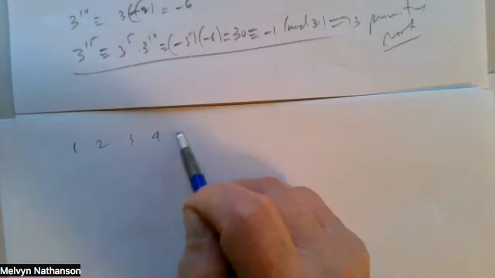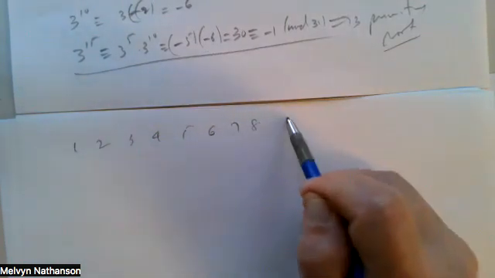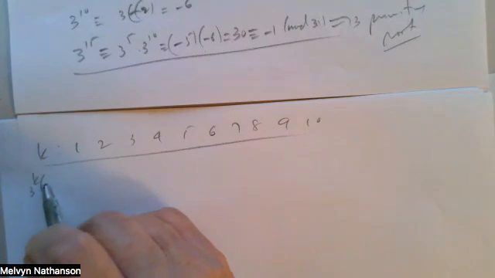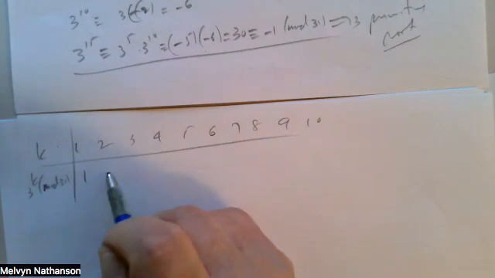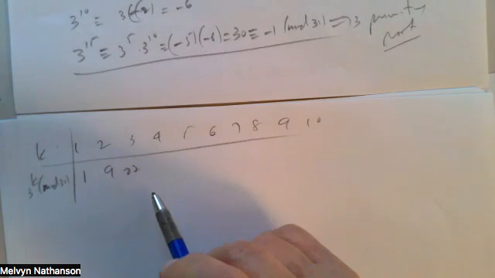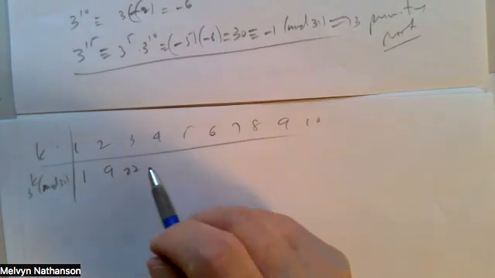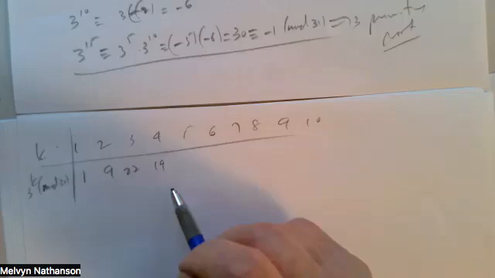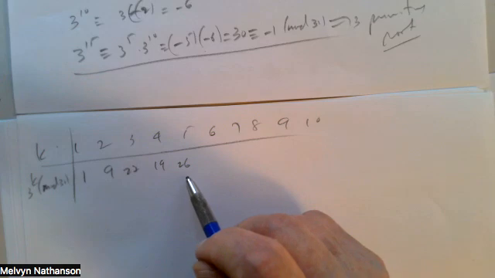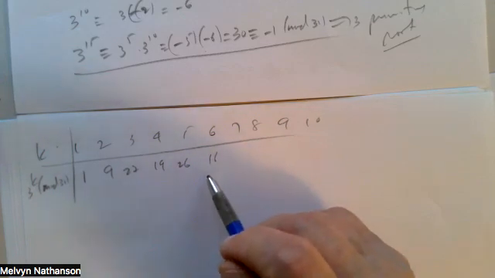1, 2, 3, 4, 5, 6, 7, 8, 9, 10. And this is k. And this is 3 to the k, mod 31. So 1, 9, 27, 3 to the 4th was minus 12, which is 19. 3 to the 5th was minus 5, which is 26. 3 to the 6th was 16. 3 to the 7th was 17. Aha.